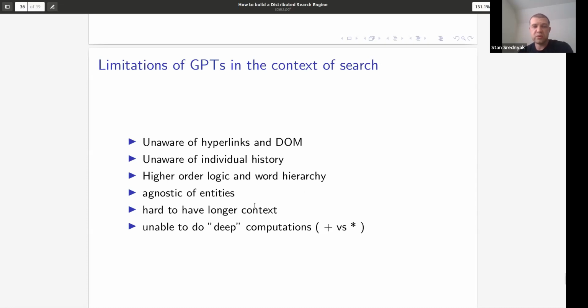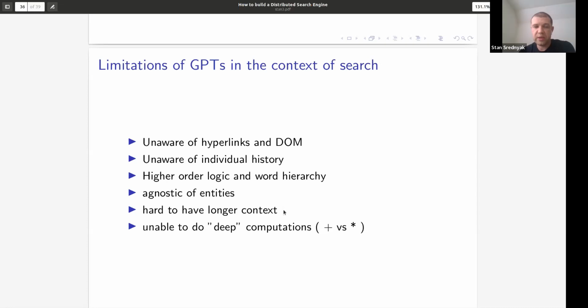And it's hard to have transformers work with longer contexts, as you know that the complexity of the operation is quadratic in the context size, and there's a lot of work going into generalization of attention for longer sequences, all sorts of sparse attentions.